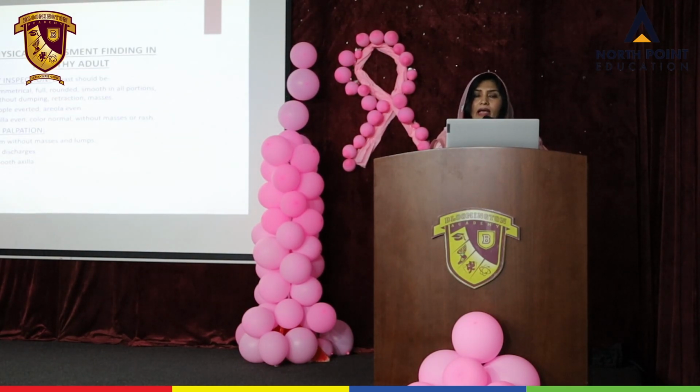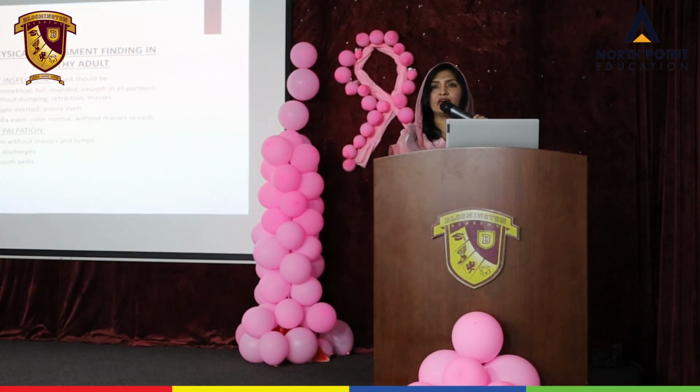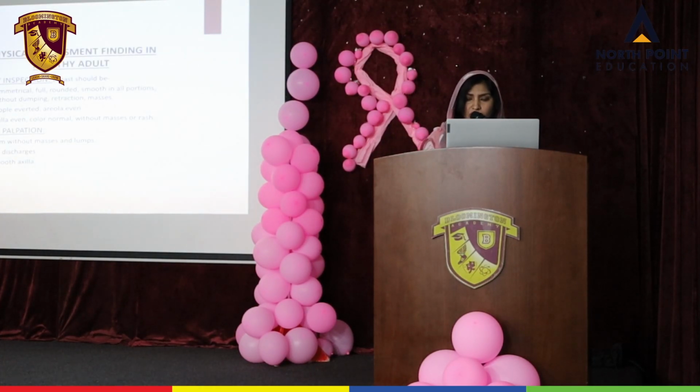The nipple everted, the areola even, the axilla even, and the color normal, without any mass or rash. On palpation, you check for any lump or discharge, and the axilla should be smooth, with no lymph nodes. If there is any swelling and you feel any nodular structure in the axilla, the breast, or the chest wall, you have to report it to your doctor.